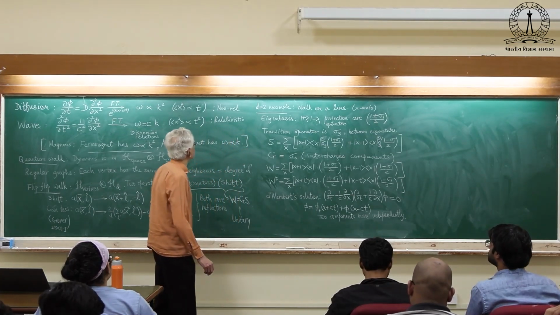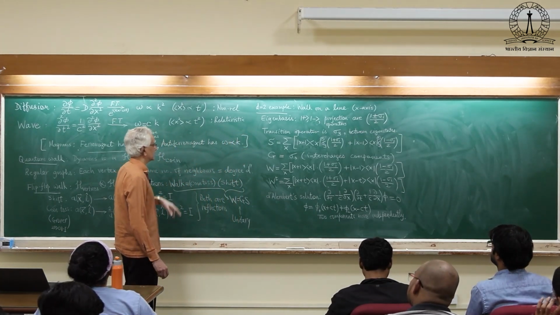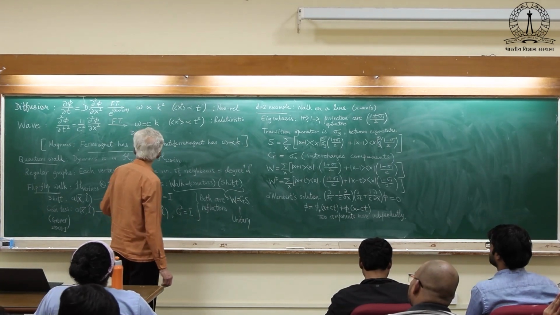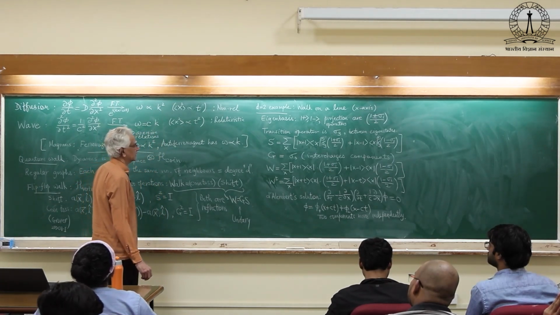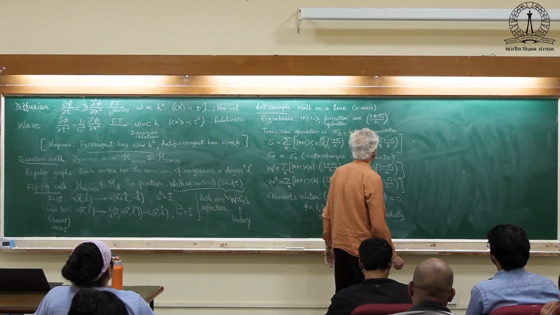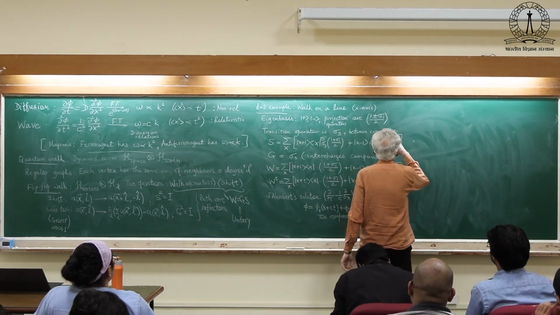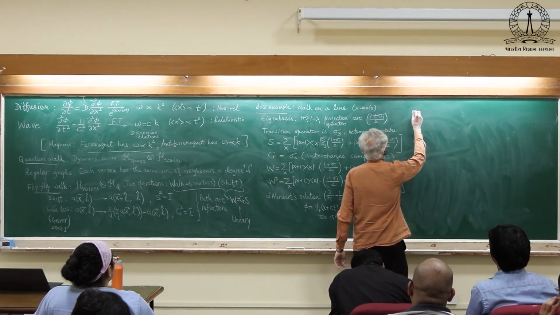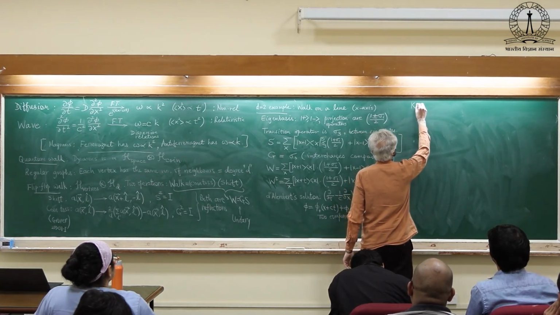And it has an interpretation going back into the wave equation, which in a relativistic scenario is known as a Klein-Gordon equation.